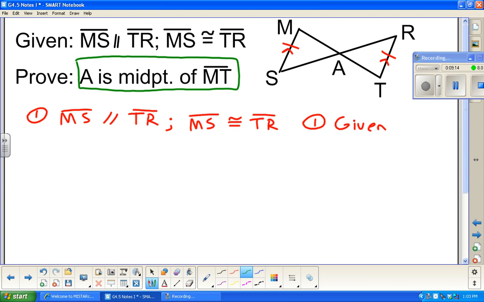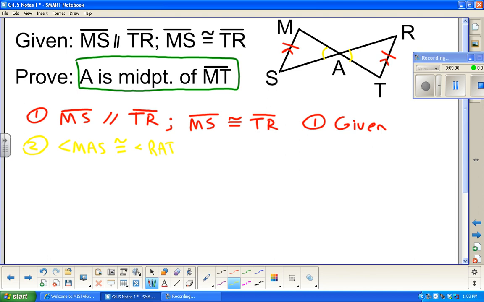Okay, we got a vertical angle somewhere? So we can say those 2 are congruent. Okay, and how do we name those? Angle MAS would be one way, congruent to angle RAT. You want to go with RAT or TAR?